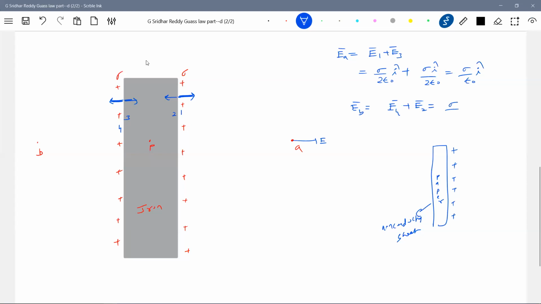By 4, sigma by 2 epsilon naught minus I cap. By 2, sigma by 2 epsilon naught minus I cap. So sigma by epsilon naught. Now, what do you mean by negative direction? It will be towards left.